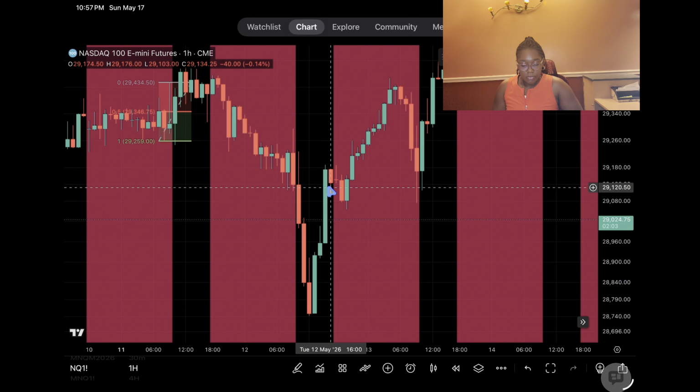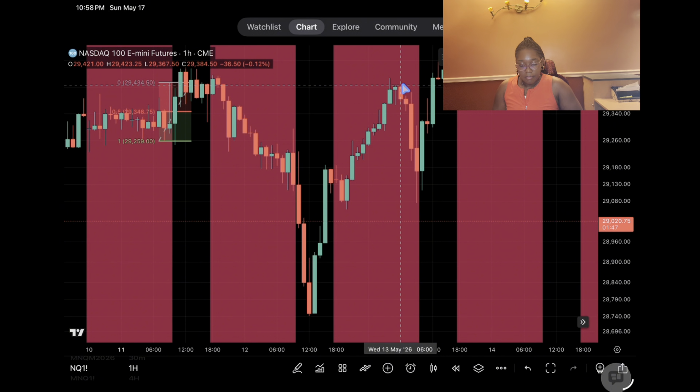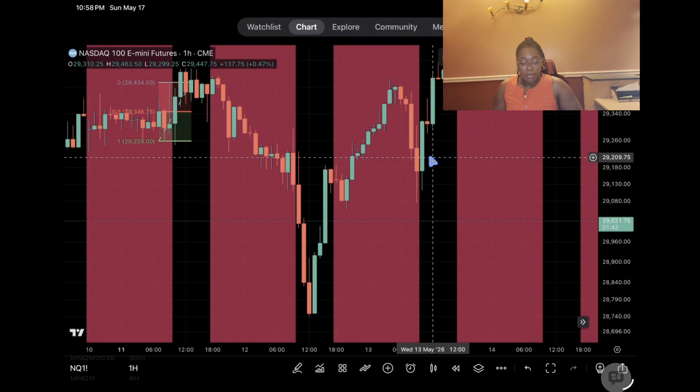Then our green right here to our red is price moving upward and then down, so that would make a little peak, and that would be our high. We see this again: a higher low right here, followed by a higher high, followed by a higher low. That would help me distinguish, okay, we are in an uptrend right now.